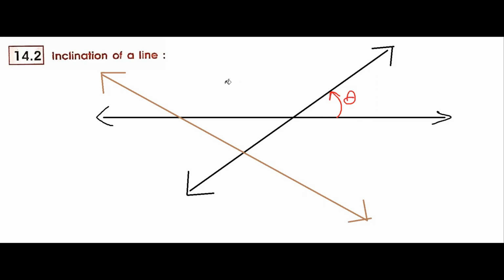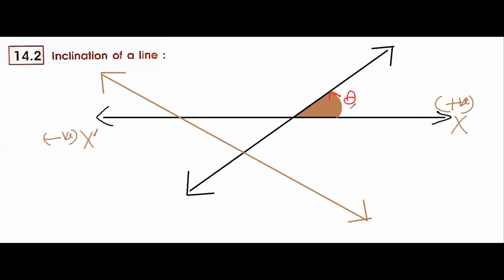When I say positive direction of x-axis, what does that mean? It means this is your x, positive, and this is your x dash, that is negative. This angle is an acute angle, right?